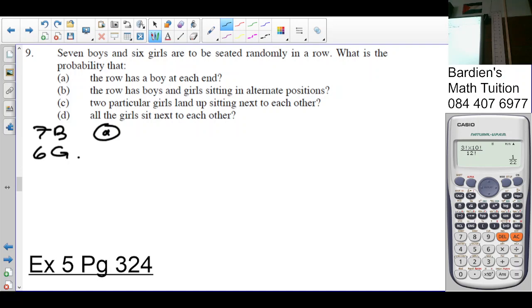The row has a boy at each end. So how many bits would we draw here? 13. Okay. So it must be a boy at the end here and a boy here. Okay. Let's check something.